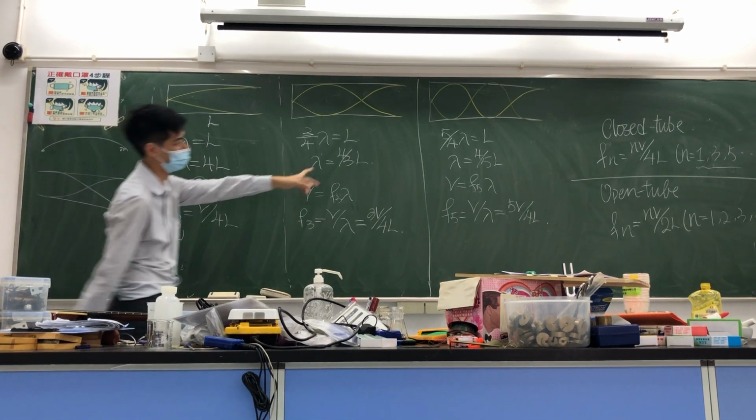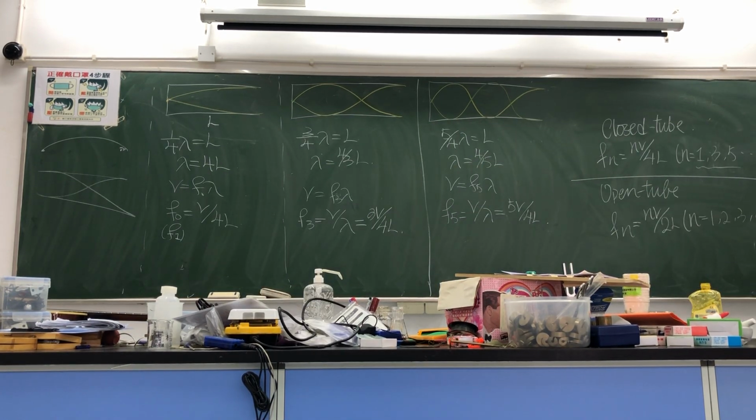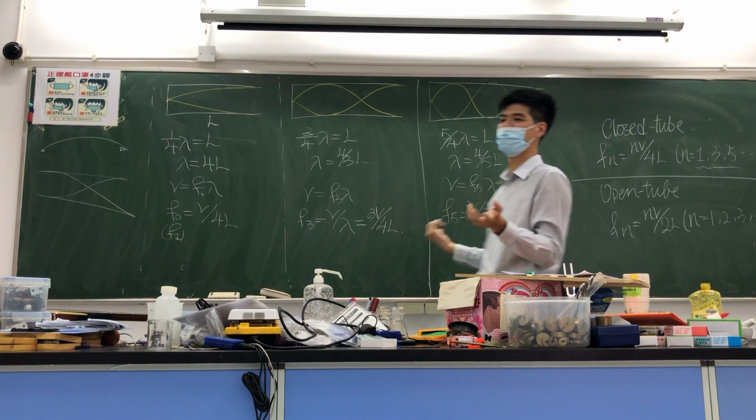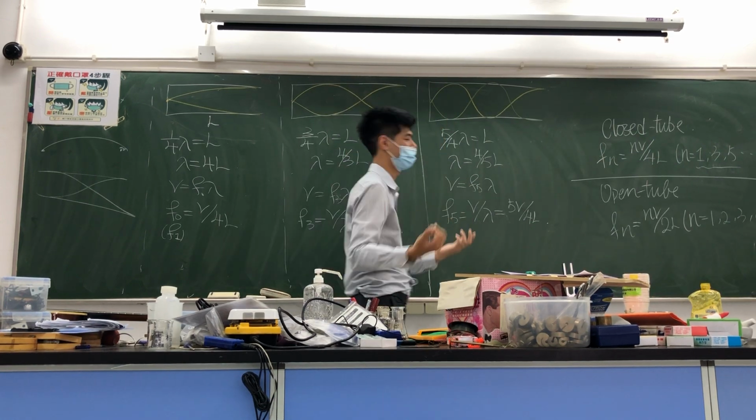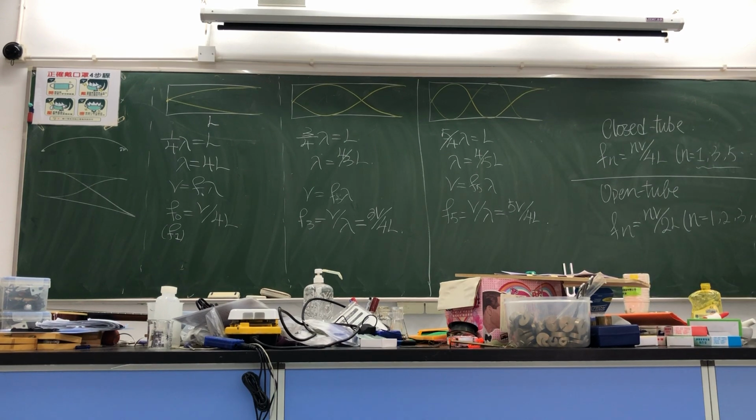So if you play the Chinese traditional instruments, most of them are closed tubes, so the harmonic frequencies created will be 1, 3, 5. For the Western instruments, the harmonic frequencies created will be 1, 2, 3, 4, 5, and they have different frequencies.